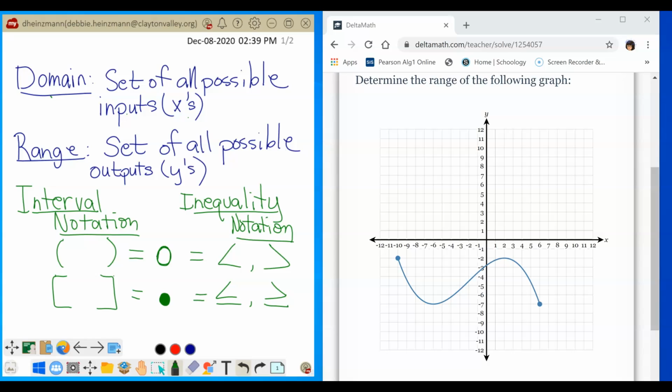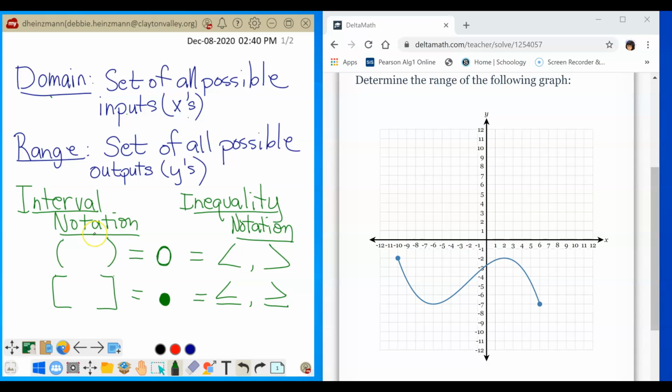And there are a couple different ways to write this designation, to write this interval of what constitutes the domain and range of a function. You can use inequality notation, or you can use interval notation.